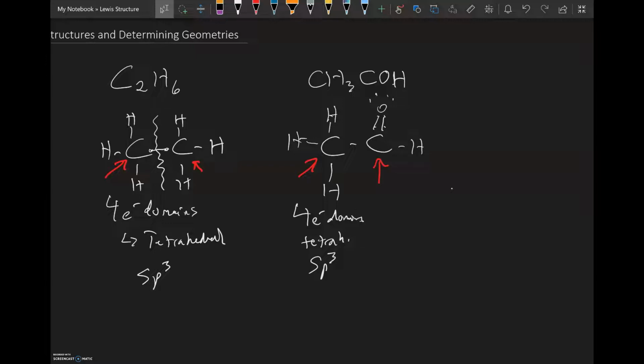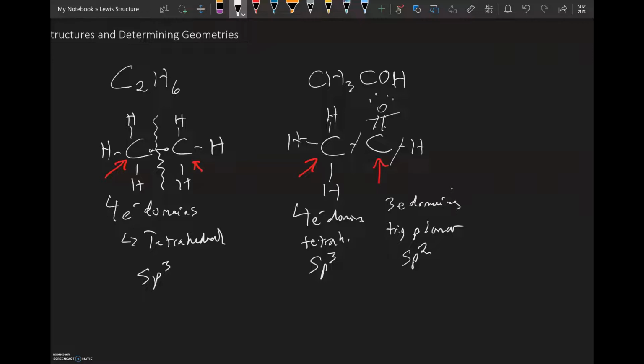This carbon here has 3 electron domains, and so that suggests that it is trigonal planar in its molecular geometry, and the hybridization is sp2, because of the way the bonding is oriented around the carbon.